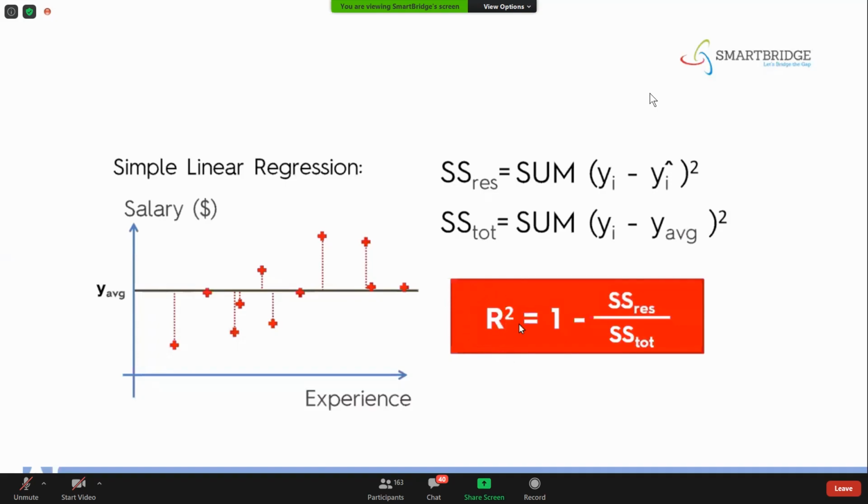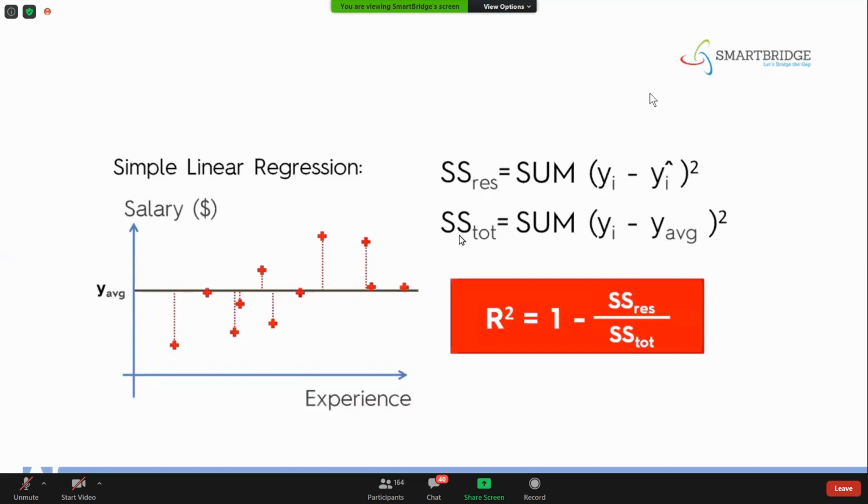So what is the formula of R squared score? It is equal to 1 minus SS res divided by SS total. With the help of this formula, you calculate the R squared score, or R2 score, for the regression.